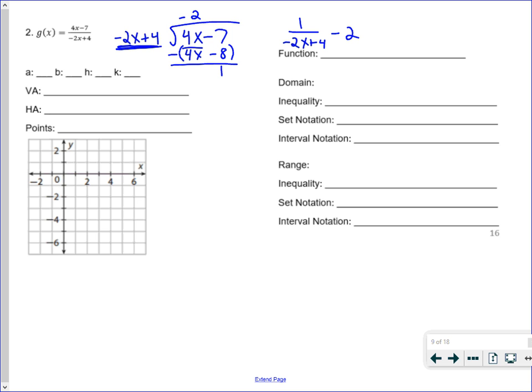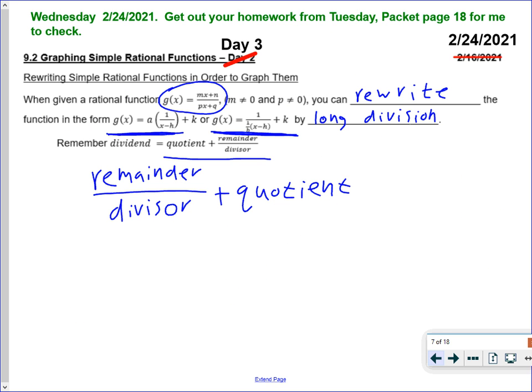The only problem here is we cannot actually have a coefficient in front of our x value. If we go back a couple slides to this problem over here, we see that the form we need when we have a b value is g of x equals 1 all over (1 over b times (x minus h)). We cannot have a coefficient in front of x.